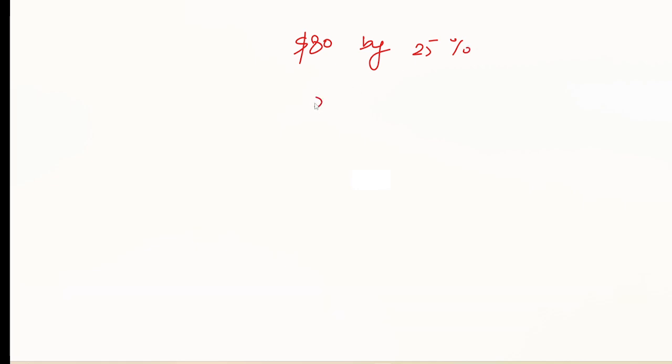So 80 and 25% means 25 over 100, right? So basically here you will get 80 times 0.25, right? Because 25 over 100 you convert it into decimal. So if you multiply it, this will give you 80 times 0.25.